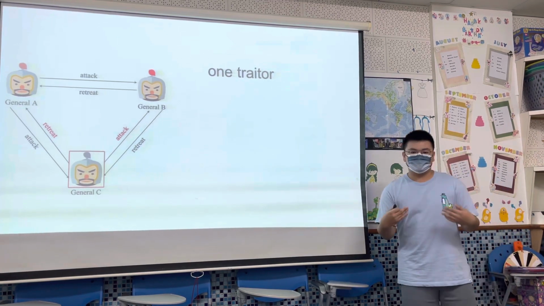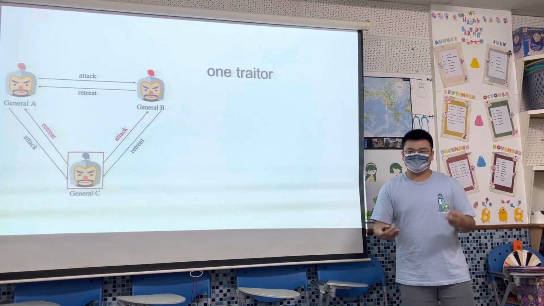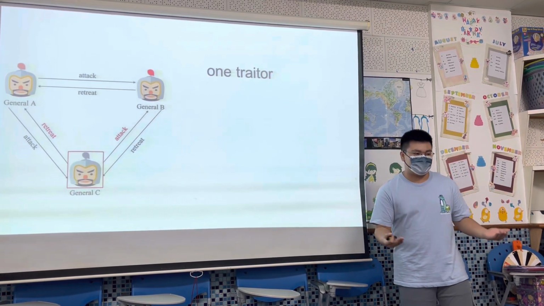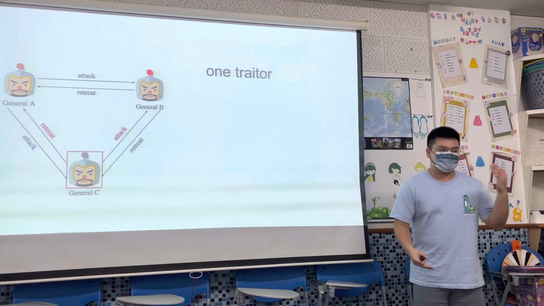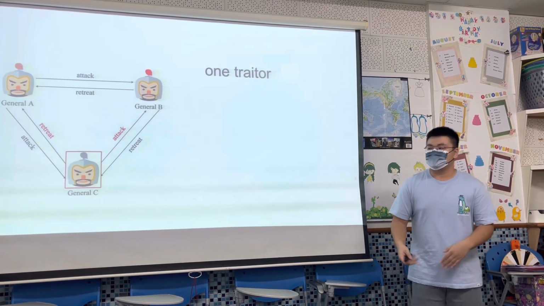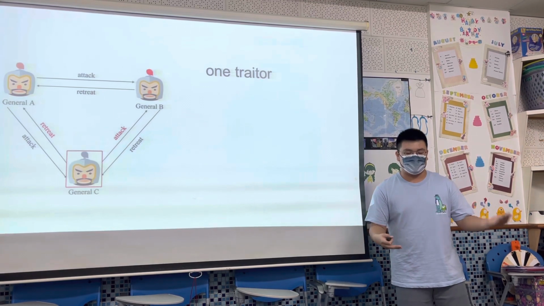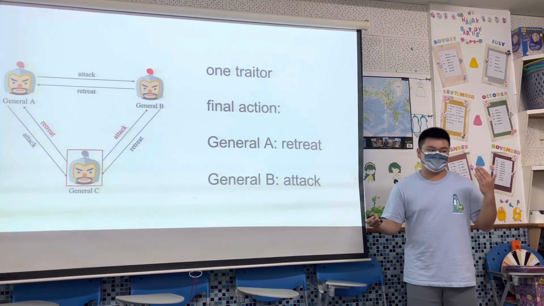So from General A's angle, he will receive two retreat messages, so he will retreat and not attack the enemy. However, for General B, both General A and General C want to attack the enemy, so he attacks the enemy, but only he attacks, which means they didn't do the same thing together.